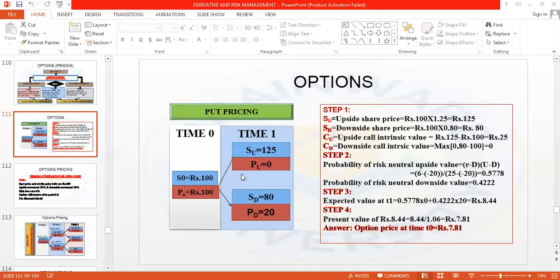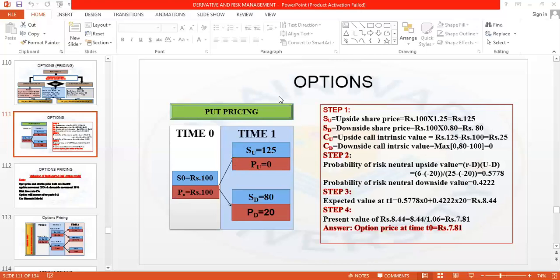Therefore, if I sell or exercise my right, then I will be able to get only rupees 100 as strike price, but I have to buy the share from the spot market at 125. That means effectively I'm suffering a cash outflow of minus 25.